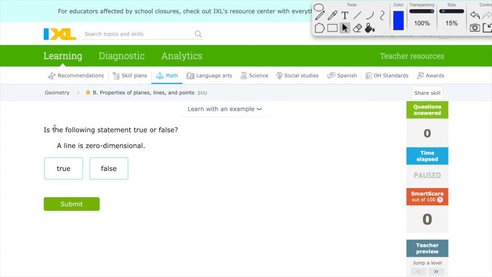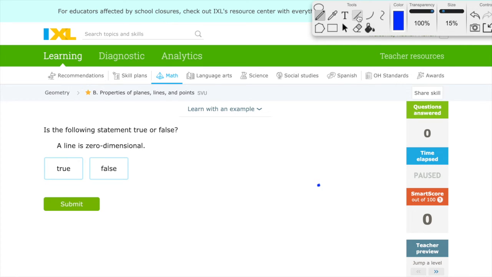So it starts by asking, is the following statement true or false? A line is 0-dimensional. So we need to start thinking about shapes. Think about area versus volume, 2D versus 3D, and what we have there. So we'll label each thing first. The most basic thing that we're going to build with is a point.